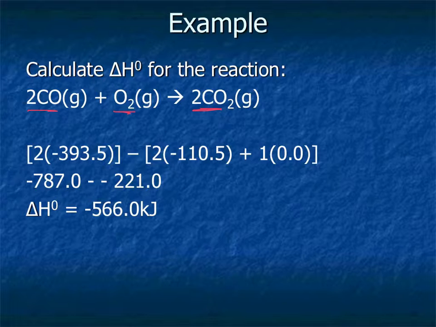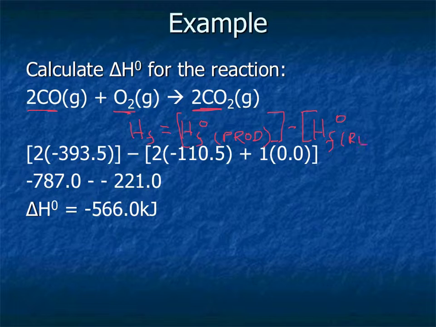Recall from the previous slide that the enthalpy of a reaction is equal to the sum of the HF zeros of all the products, minus the sum of the HF zeros for all the reactants. So that's the general equation.